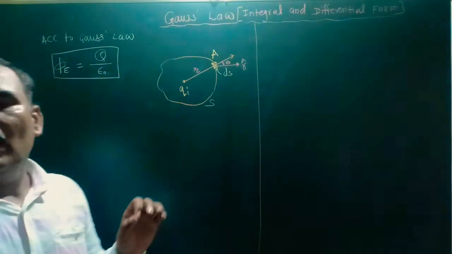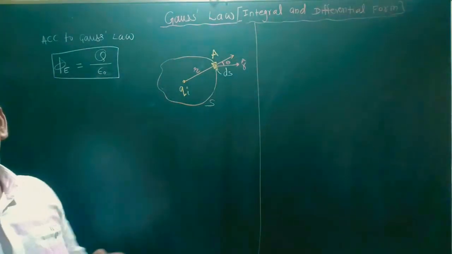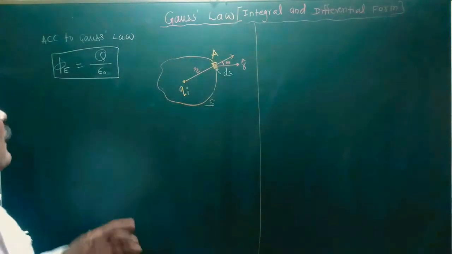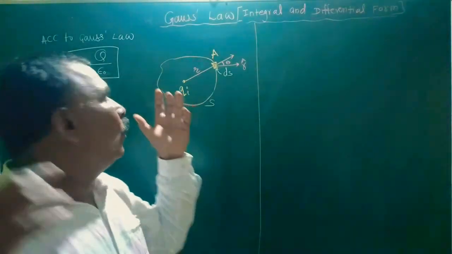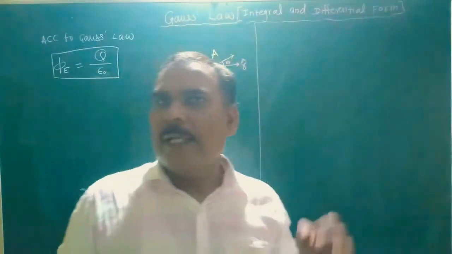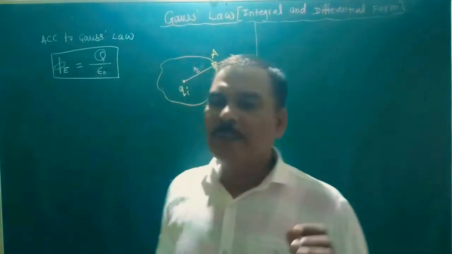Here phi E is the electric flux, Q is the total charge enclosed in that surface, and epsilon 0 is the permittivity of free space.